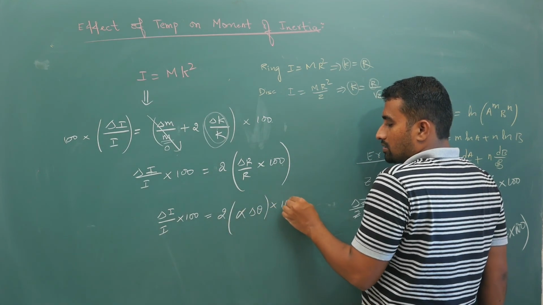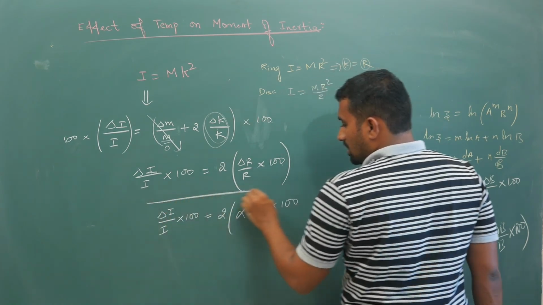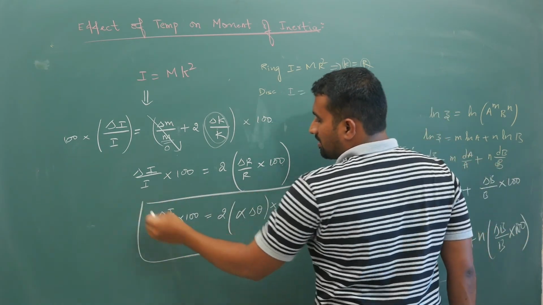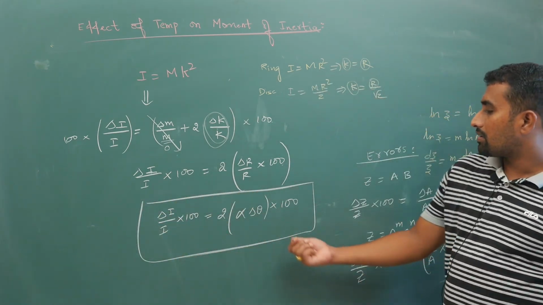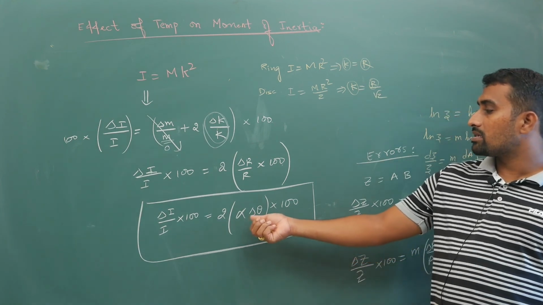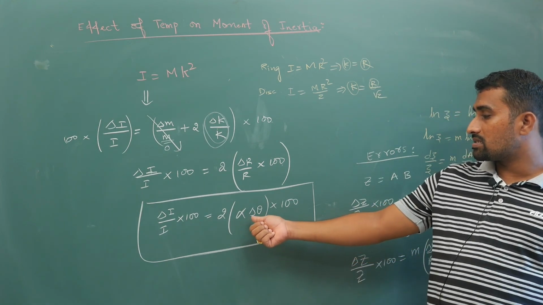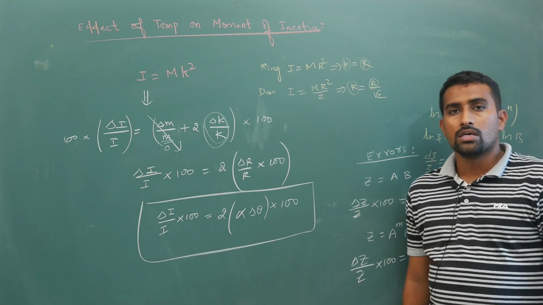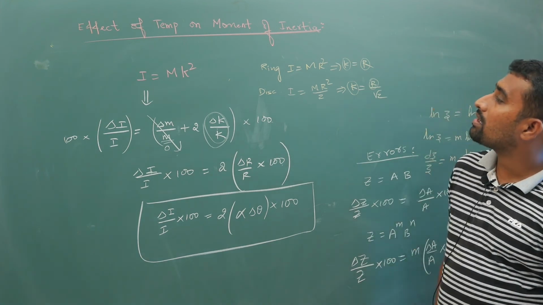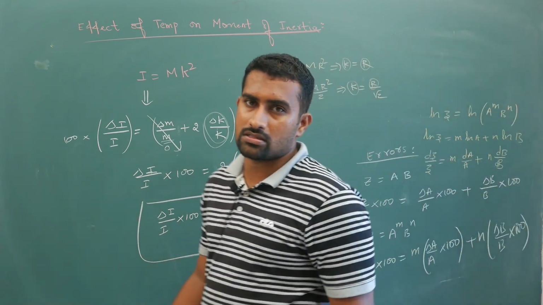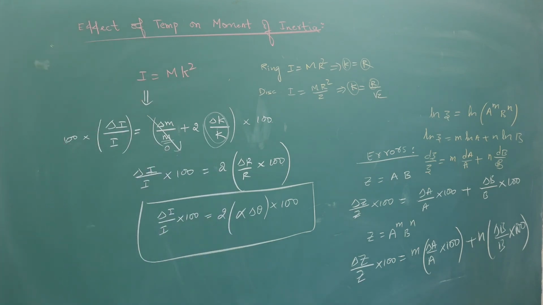So percentage change in moment of inertia is related with the temperature difference depending upon the coefficient of linear expansion, given like this. Okay, so like this you can calculate your effect of temperature on moment of inertia. Depending upon what values you are asked, you substitute the values accordingly and then do the calculation.